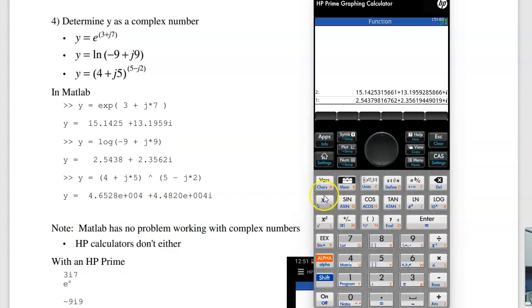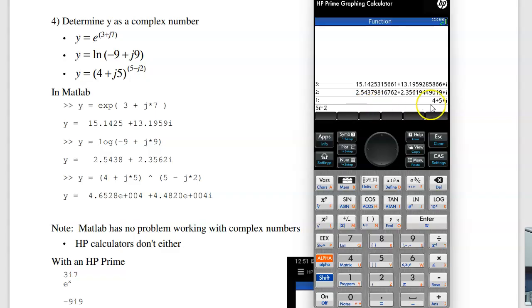And 4 plus j5, and the last one, this button, x to the y, is actually y to the x. I got that backwards. So the first one I enter, 4 plus j5, push that on the stack, that's y. The second one, 5 plus j negative 2.